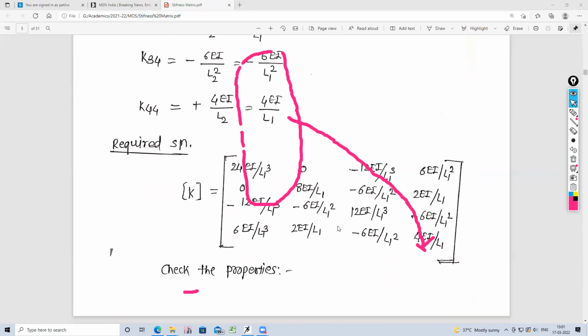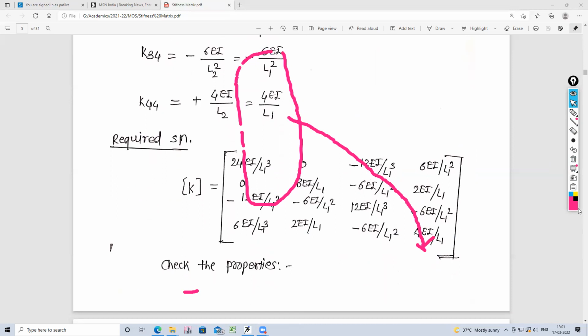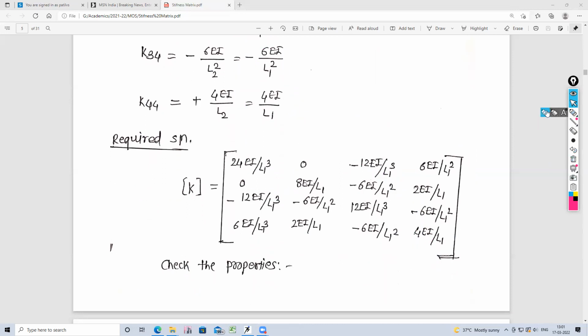Similarly, the other elements are as shown in this matrix: the first column, second column, third column, and this will be the fourth column. Here the common part is EI by L1 cube, so we can take EI upon L1 cube common outside also.